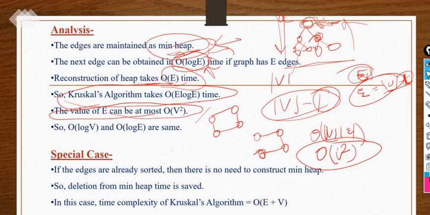It's up to you, because whether you take e for the number of edges or v for the number of vertices, the difference is only a constant. So the time complexity is order of e in construction and log e in finding the next minimum edge. This is the total time taken by Kruskal's algorithm. Order of log v and log e are both the same, as I have already told you. That was all about the time complexity of Kruskal's algorithm.